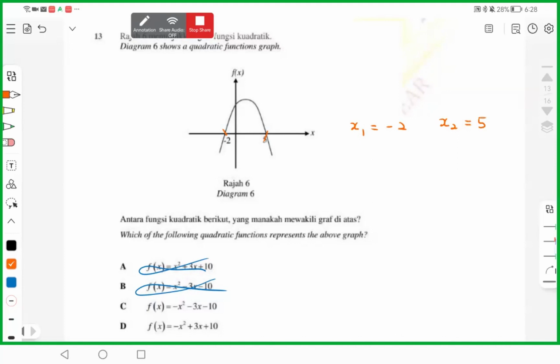Then what about the value of c, the y-intercept? Is it positive or negative? By looking at the graph, positive, right? So the answer must be D, right? Positive.